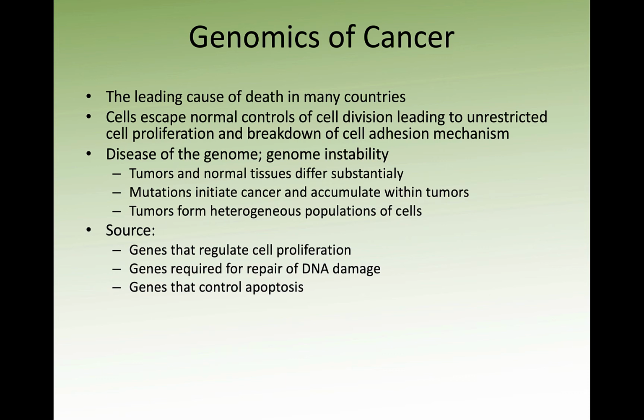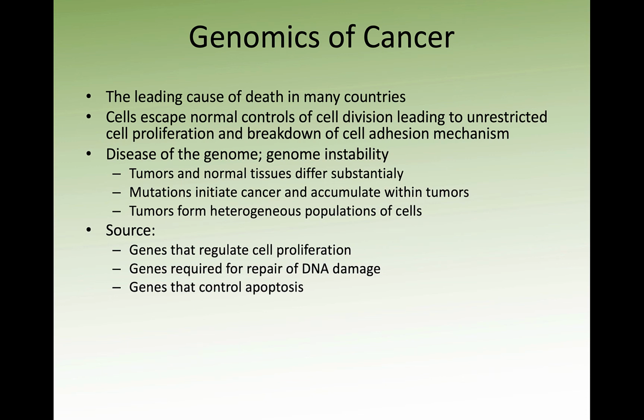The source of this genetic variation, of this heterogeneity, and the reason why we see such a success of these cells is that the main places where these mutations initially occur are in regions that regulate things like cell proliferation or related to required repair of DNA damage or control apoptosis, all things that, these mutations would allow these cells to escape the normal roadblocks in the cell cycle pathway, right?